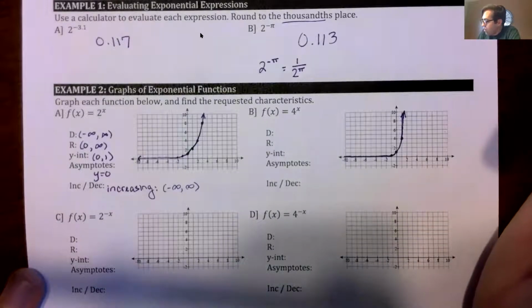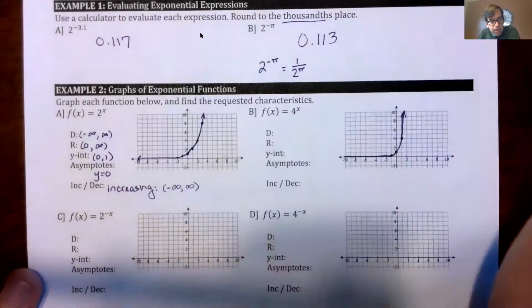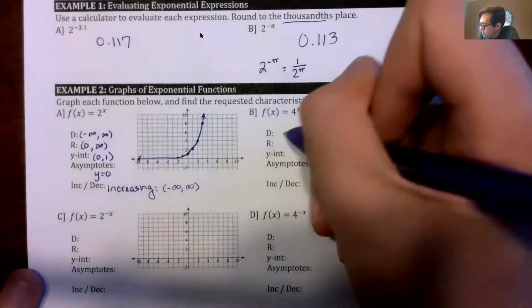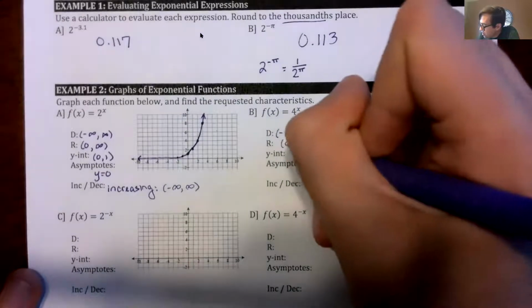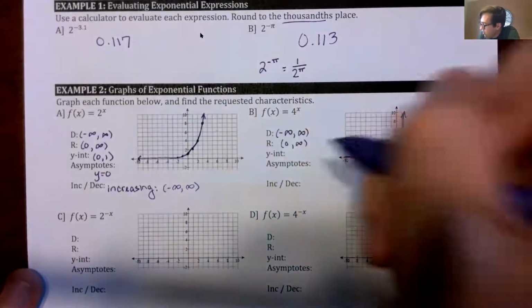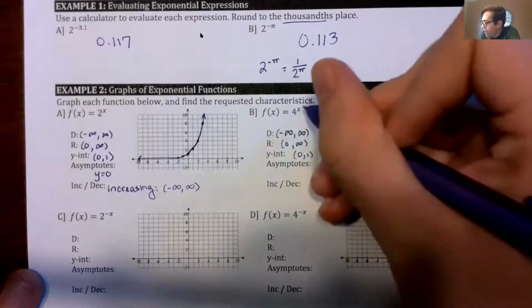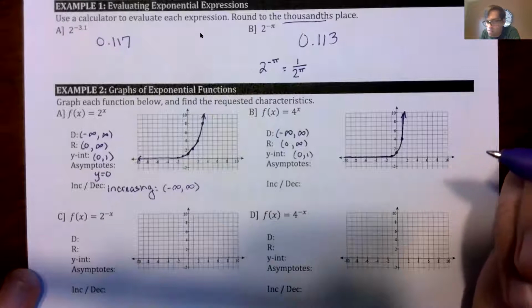Other than that, though, what you're going to find is that a lot of this specific information is pretty similar. The domain is still -infinity to infinity. The range is still 0 to infinity. The y-intercept is still (0, 1), even though we grow quicker. Anything to the 0 power is always 1, so we're always going to have a y-intercept of 1.